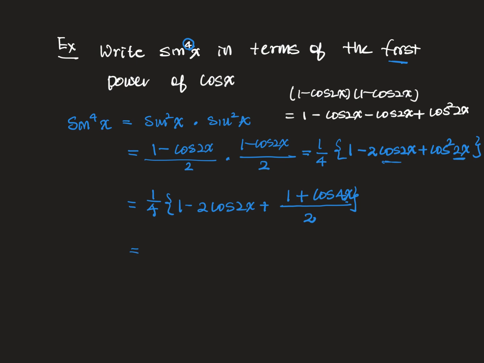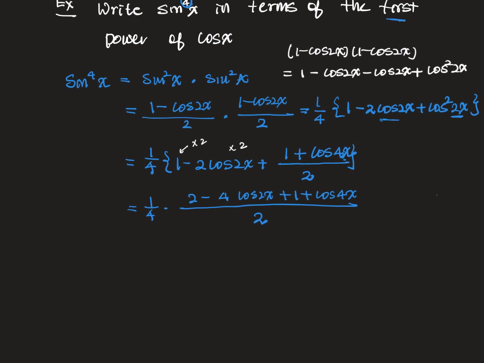So here it's going to be 1 over 4, same denominator. All the denominators are 2, so we multiply by 2. So you have 2 minus 4 cosine 2x plus 1 plus cosine 4x.